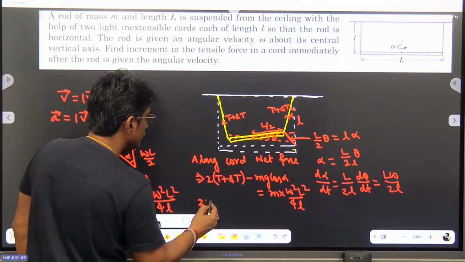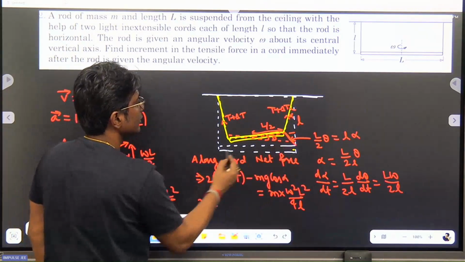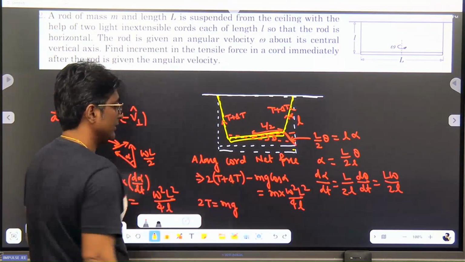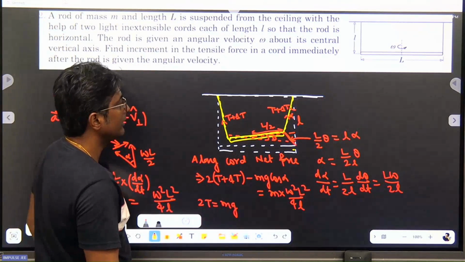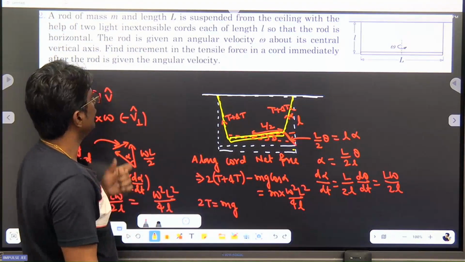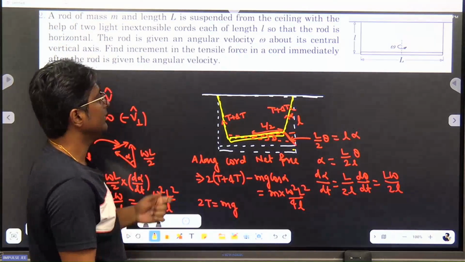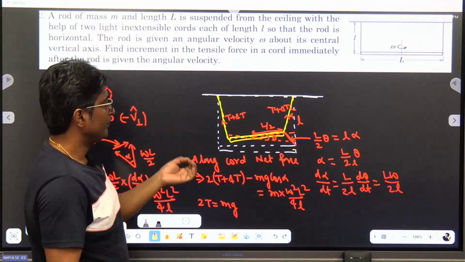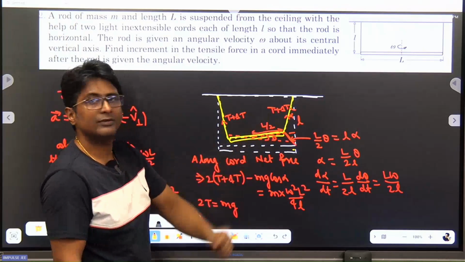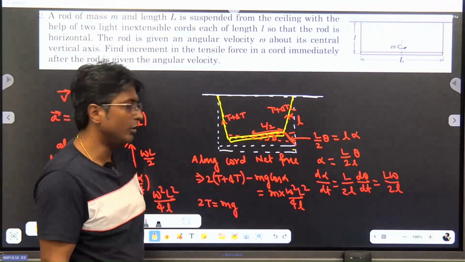Initially we have 2T value when this rod is horizontal. At that time this was mg itself, and here we have to find immediately after the rod is given an angular velocity. It means just after release we have to find, meaning this theta and alpha will be very small.